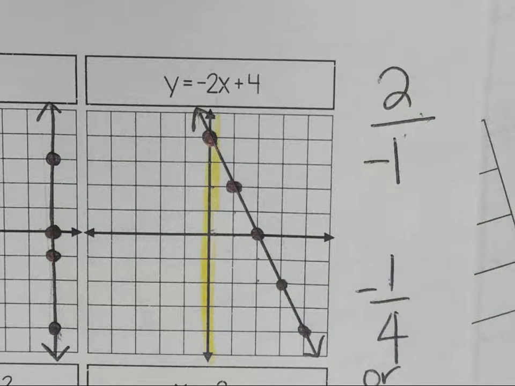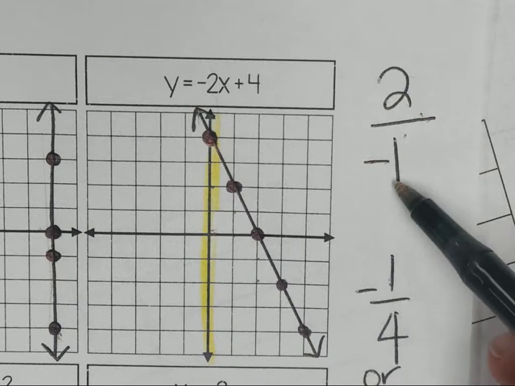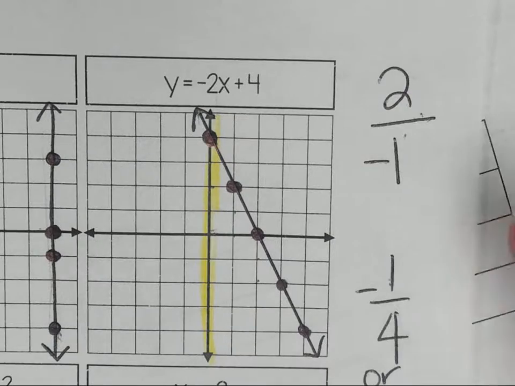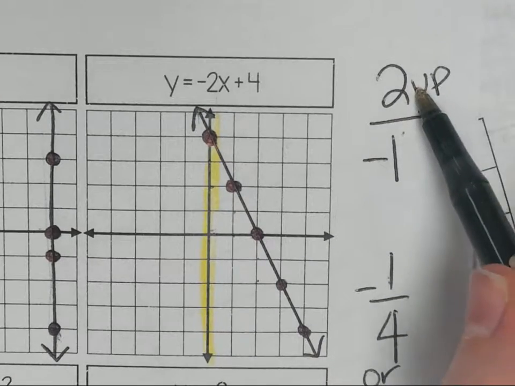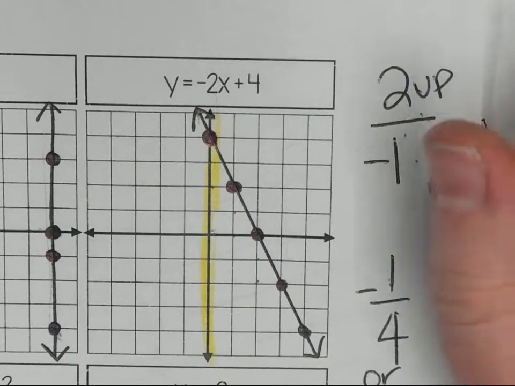So that's the same thing as -2 divided by +1. Okay? So we just have to assign our negative to one of these numbers. Just one. If we assigned it to the bottom number, this would be up 2 because our rise is positive. This would be left 1.